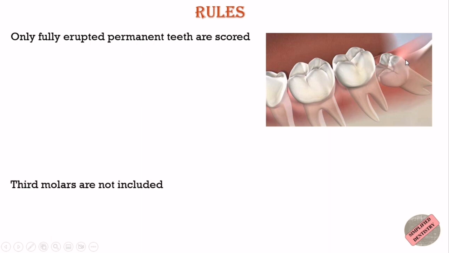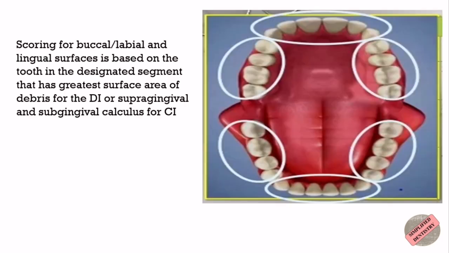Even if third molars are present, we do not include them. Third, from each segment only one tooth is used for calculating the individual index for that particular segment. And fourth, the tooth in a particular segment used for the calculation must have the greatest area covered by either debris or calculus.